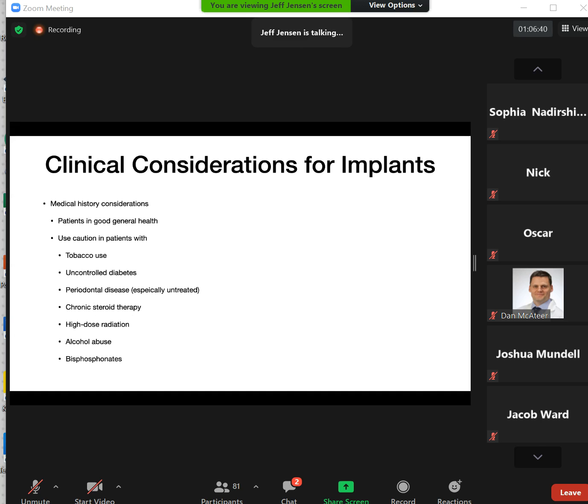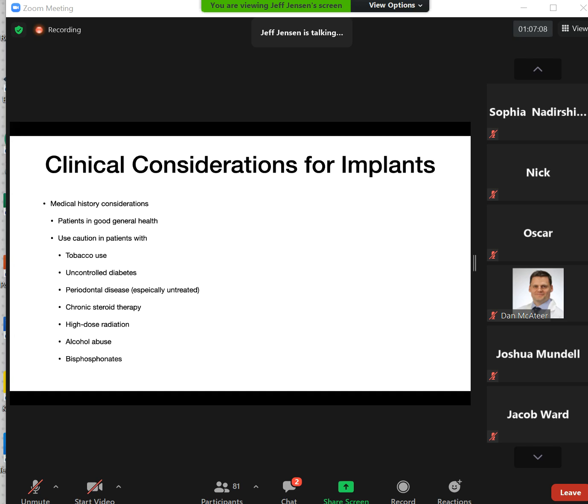A couple of things to consider when doing implants for patients. So we go through their medical history, right? Typically, there's very few real contraindications to implants. Smoking is a big one, as well as uncontrolled diabetes. Both of those affect healing, and especially healing in bone and soft tissue.